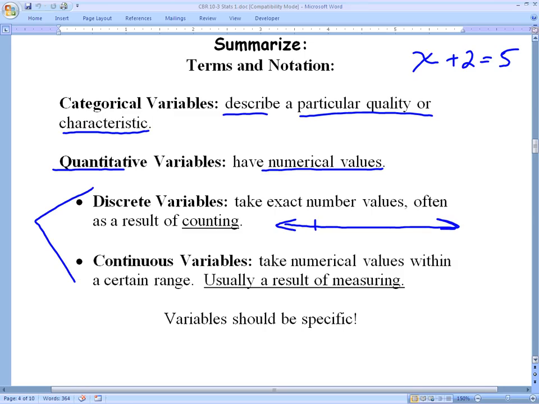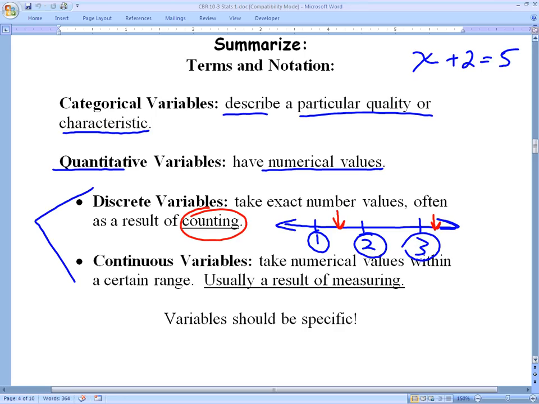If we have the numbers 1, 2, and 3, if I was counting students, I would utilize the number 1, I would utilize the number 2, I would utilize the number 3, but I wouldn't utilize numbers in between there like 1.5 or pi, things like that. So discrete, it doesn't include all the values. Usually it's whole numbers, and it's always or almost always a result of counting.